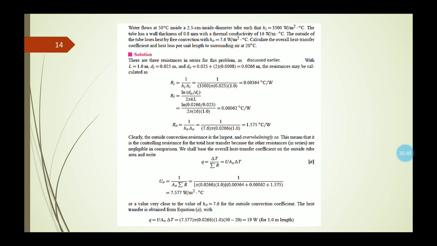So there are three resistances in series for this problem. As discussed earlier, with capital L as 1 meter, the inner diameter is 0.025 and the outer diameter is 0.0266 meter, the resistances may be calculated. These are the formulas: Ri equals 1 by HiAi, where the suffix i is for the inner surface.